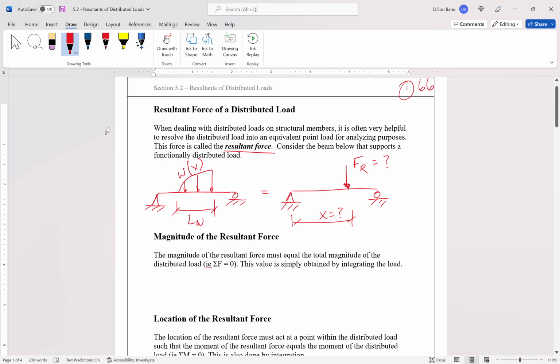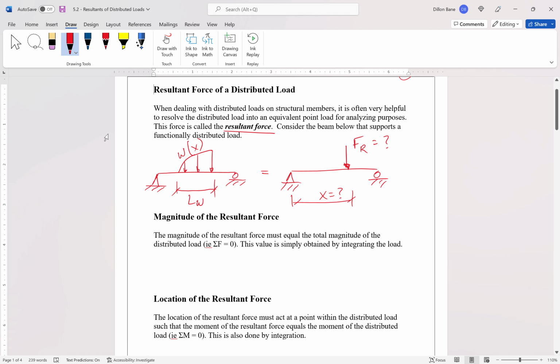To be able to do this, we've got to figure out two things. First, we've got to figure out what the magnitude of this resultant force is. So let's do a simple example. Maybe I've got a distributed load that is 100 pounds per foot.